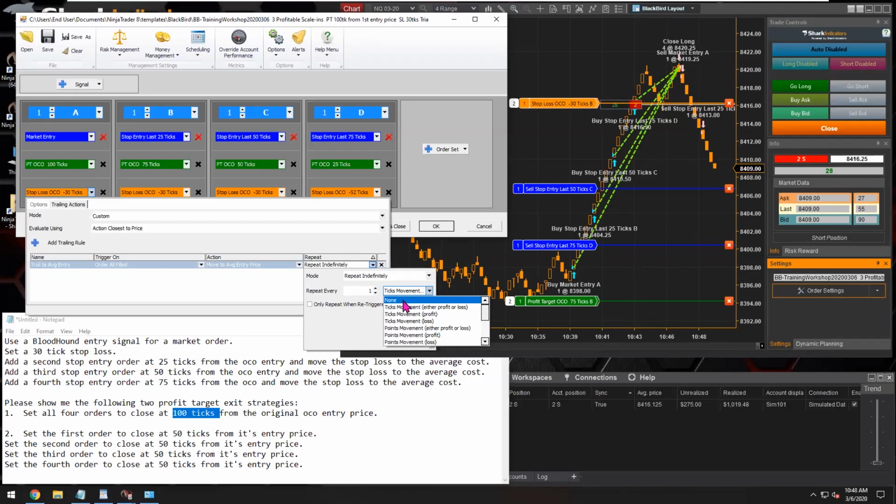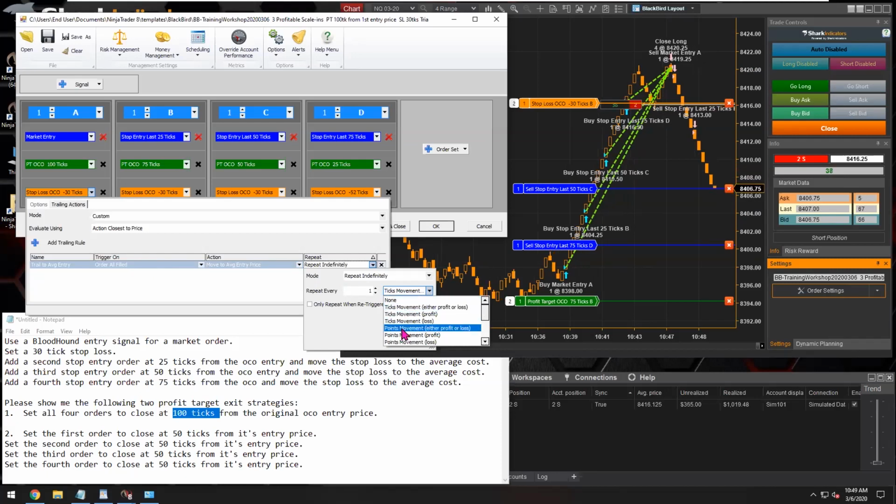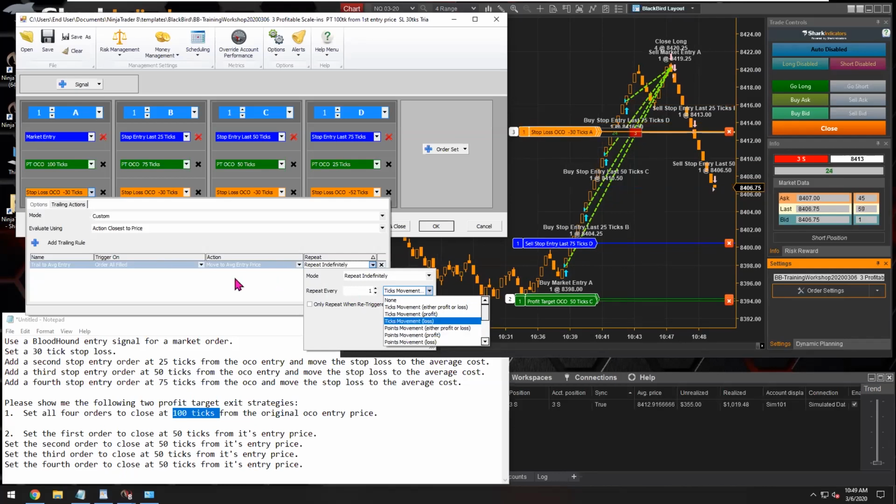But keep in mind that if you're using indicators in the triggers or in the actions, the repeat will not be able to repeat on a tick basis or a point basis, because your indicators only update on a bar by bar basis.